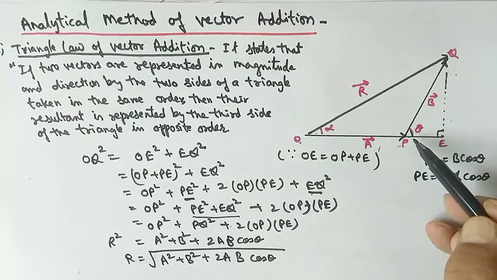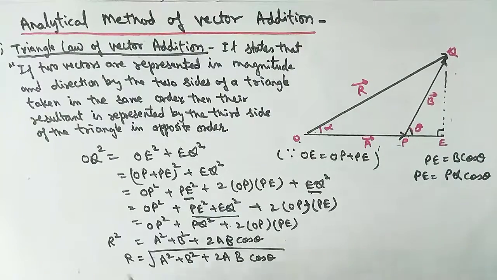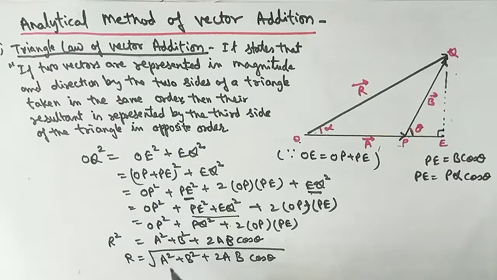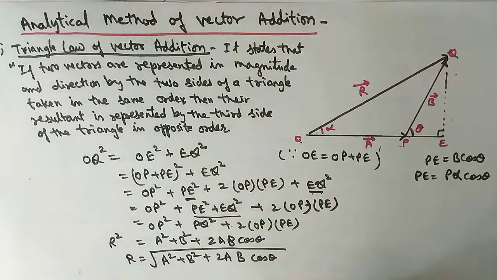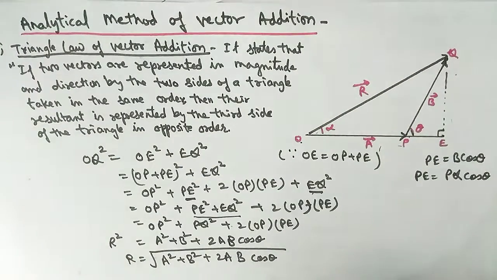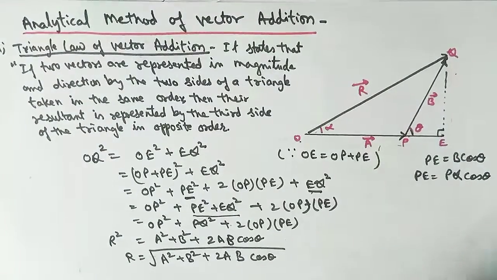So the resultant depends not only on the magnitudes of the individual vectors A and B, it also depends on the angle between them. Now we can find the resultant angle also.